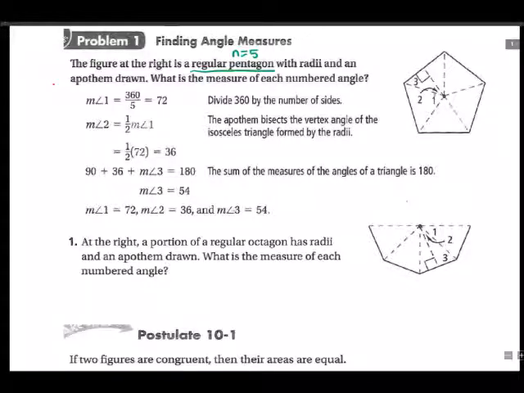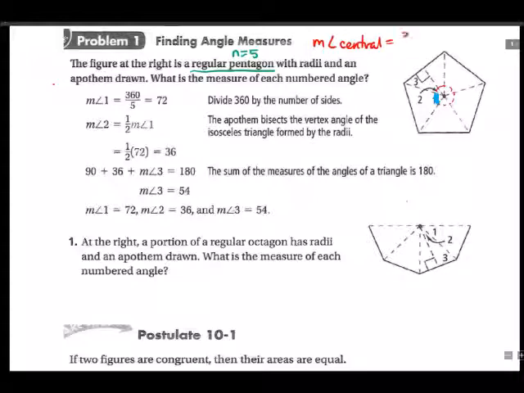Well, angle 1 here, what is angle 1? Angle 1 is our central angle. So it's worth it to make a little note here. The measure of the central angle, how are we going to find that? Well, take a look here. This is just a circle.